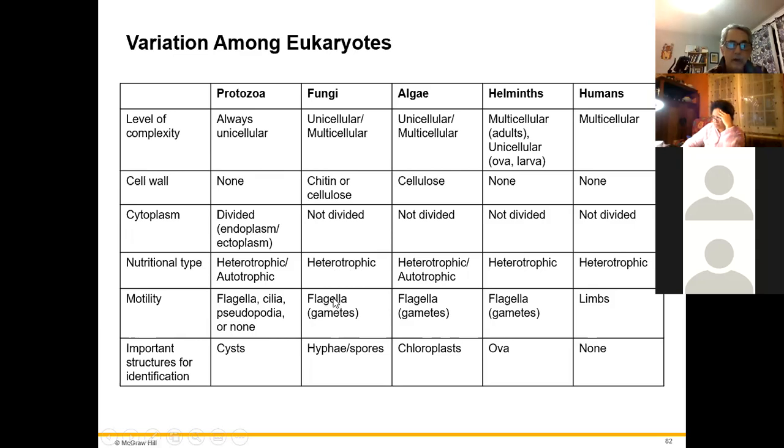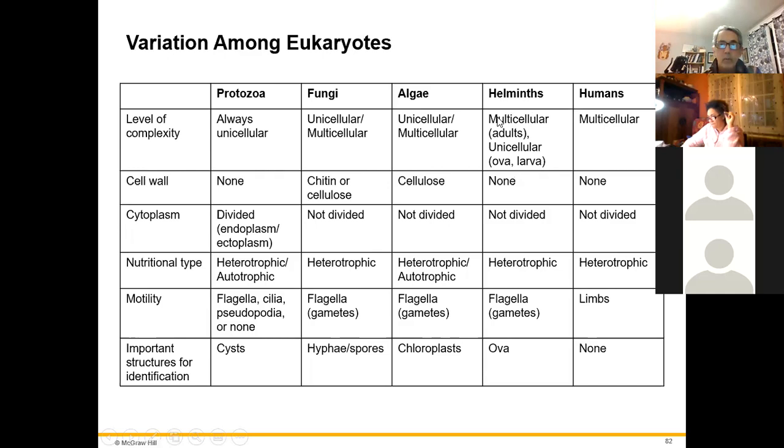Important structures are hyphae and spores. Algae can be unicellular or multicellular. The cell wall is cellulose. Cytoplasm is not divided. They can be heterotrophic or autotrophic. They can have flagella, and they have chloroplasts for photosynthesis.